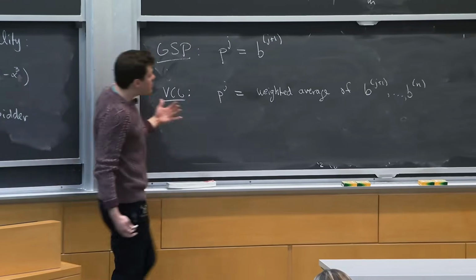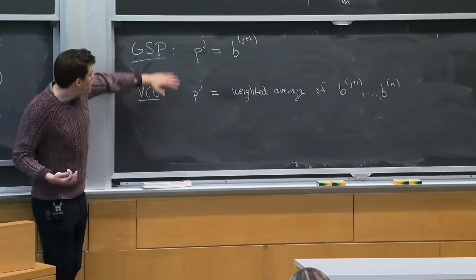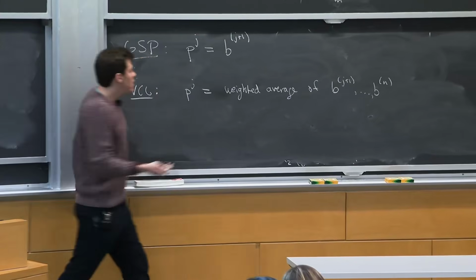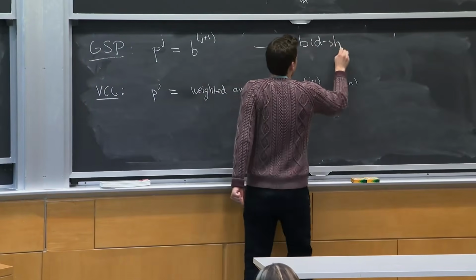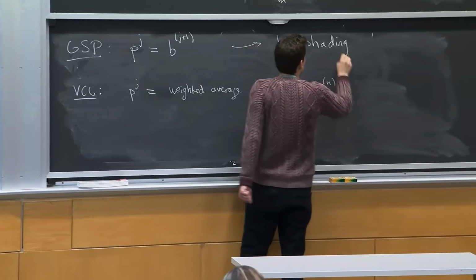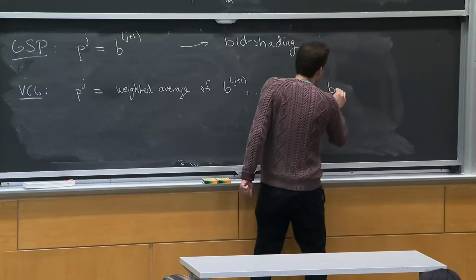And we can exactly see why, or at least there's some intuition for why, under the GSP we see bid shading, and under the VCG, bidding truthfully is optimal.